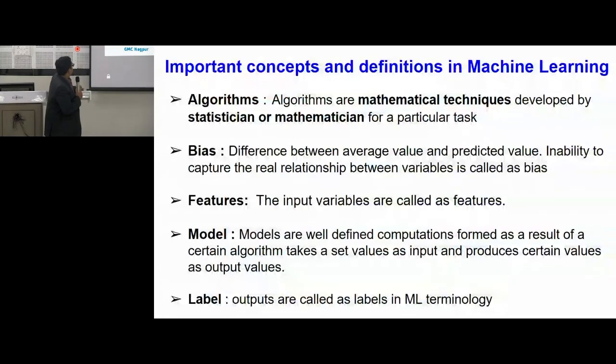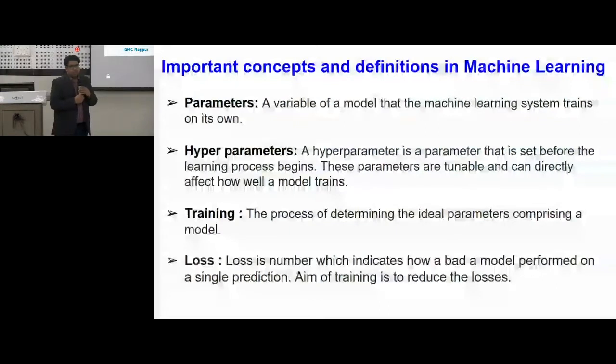Another term: parameters. Parameters are variables of a model. A lot of models have a certain number of variables, and the model fits these parameters. In the machine learning training process, it will fit certain values to these variables. These are called parameters, which are there in every algorithm.